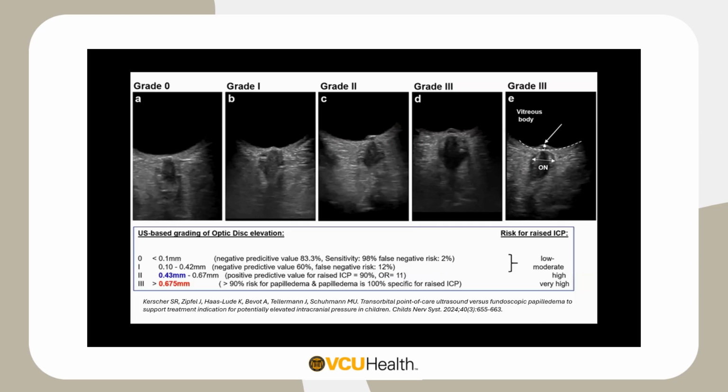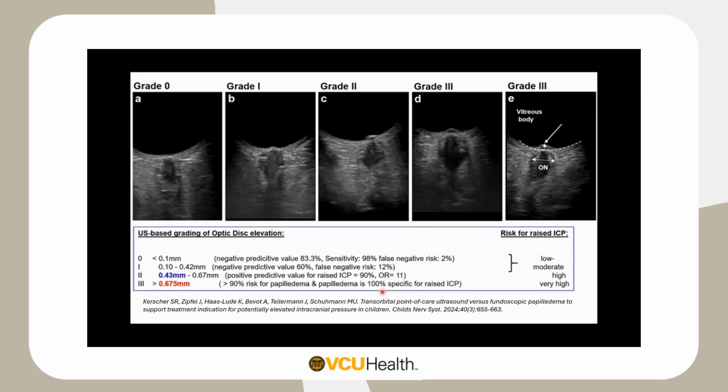This is a study that graded B-mode ultrasound papilledema in pediatric patients, mostly doing it by number. So grades 0 and 1. 0 is essentially normal, 1 is slight elevation without edema, and at 2, 3, and 4, you start seeing some edema in the optic nerve head.